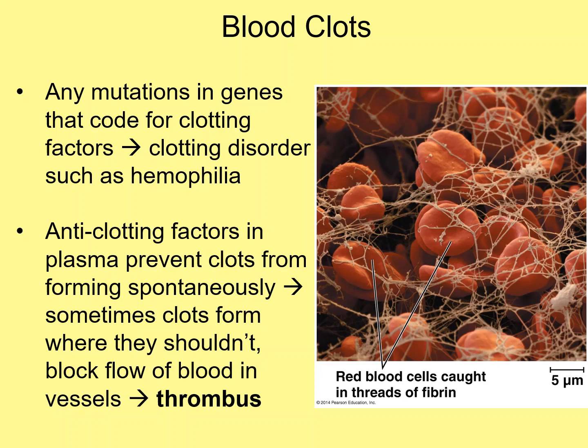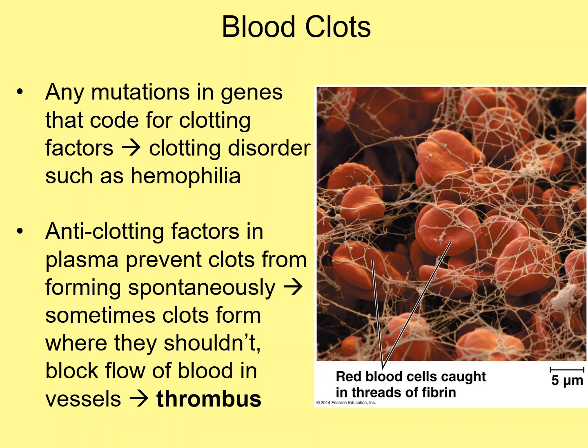So unfortunately, sometimes blood clots do form where they should not form. They're not forming in response to an injury, but just spontaneously forming in your blood vessels. And this means that you have something that can potentially block the flow of blood in your blood vessels. This is what we refer to as a thrombus. So a thrombus is a blood clot that forms where it should not form.